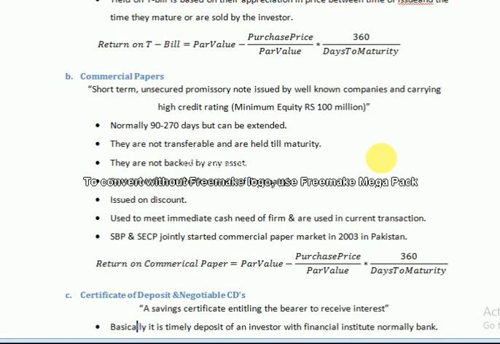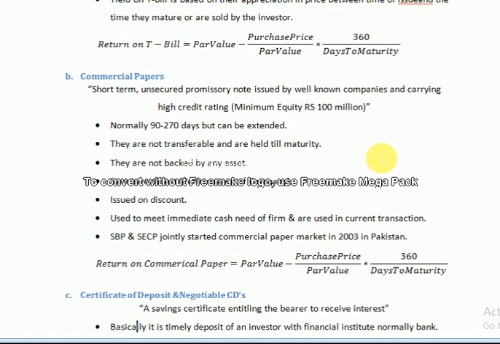It is backed only by the issuing company, which promises to return the face value, to pay the face value amount on the maturity date specified on the commercial paper.